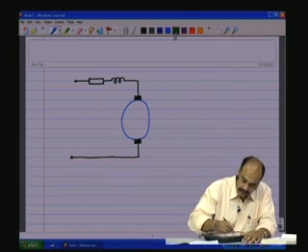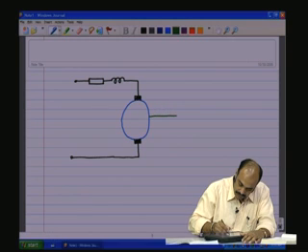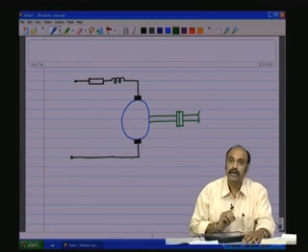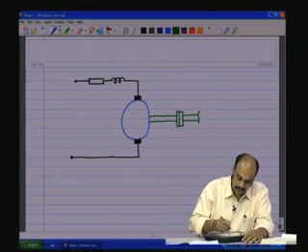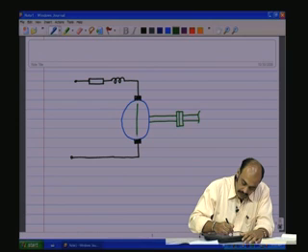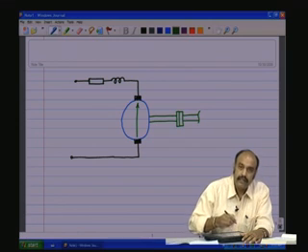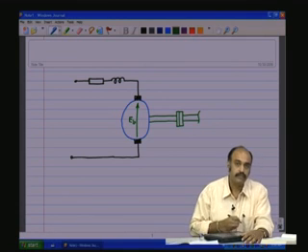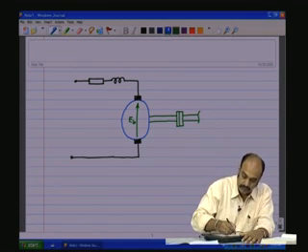Now, this is the DC motor which has a mechanical shaft, and we said that in the case of the motor the energy is moving from the electrical domain to the mechanical domain, and the mechanical loading gets reflected on the electrical domain as back EMF across the brushes.